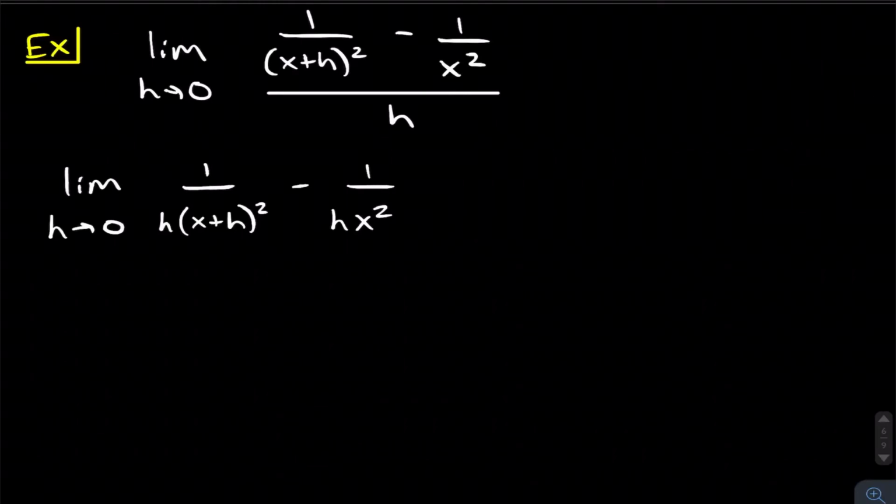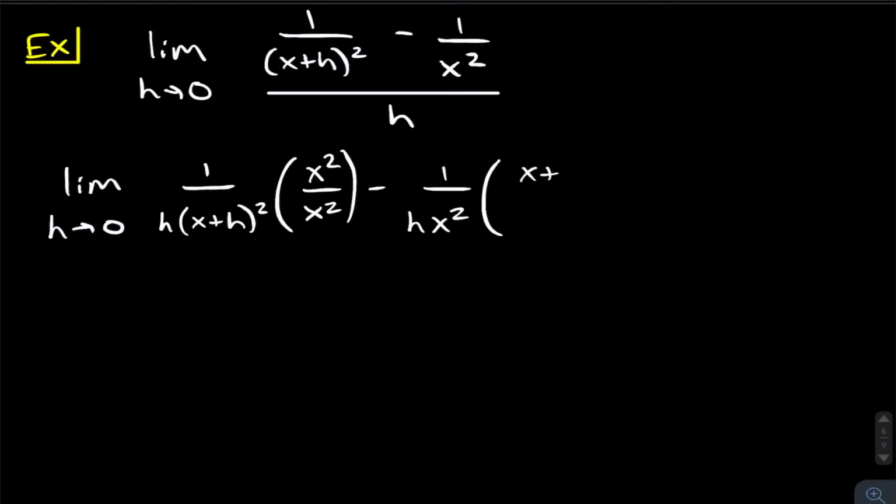I'm just showing you another way that you could do this. Finding common denominators, we can multiply this side by an x squared, multiply this side by an x plus h quantity squared, right? Let me just show that out real quick. Multiply this by x squared over x squared, and multiply this by x plus h squared over x plus h squared.